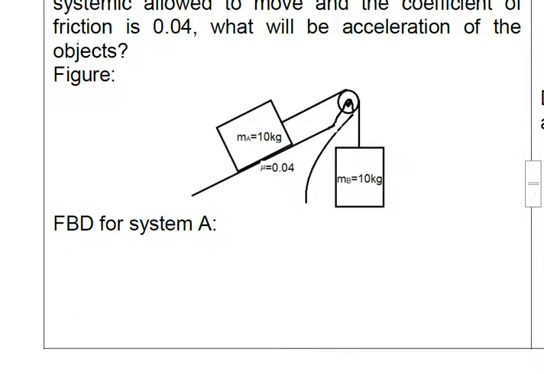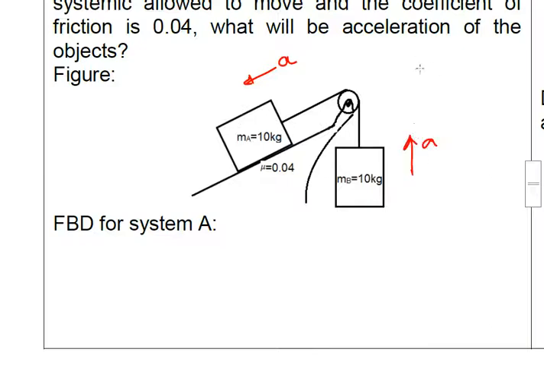In this kind of problem, you should assume the direction of the acceleration. You can assume the direction of the acceleration to be in this direction. If this one accelerates in this direction, then this one would follow, it will go up.